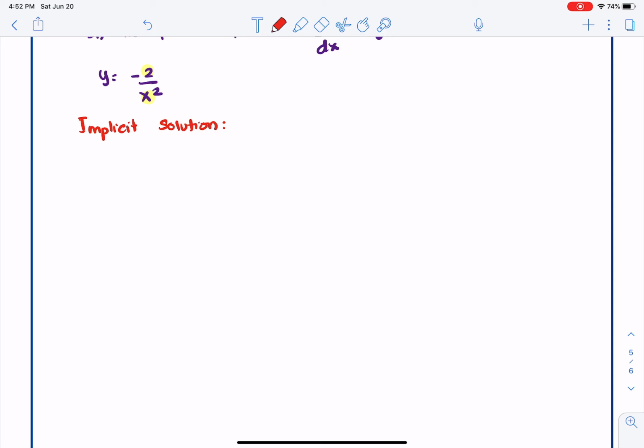Naturally, an implicit solution would just be the opposite of an explicit solution. So suppose we have some function g of x comma y equals 0, and g of x comma y is an implicit solution.